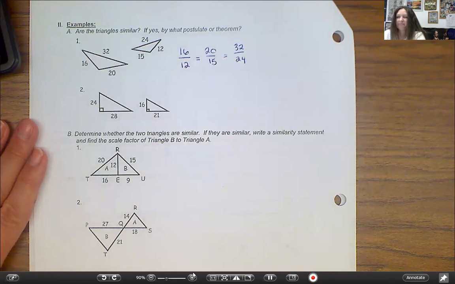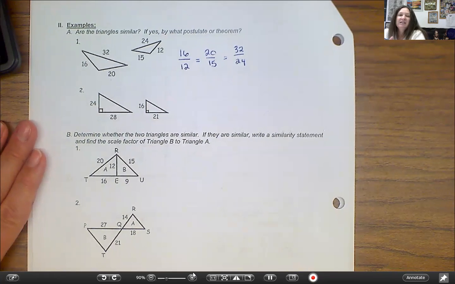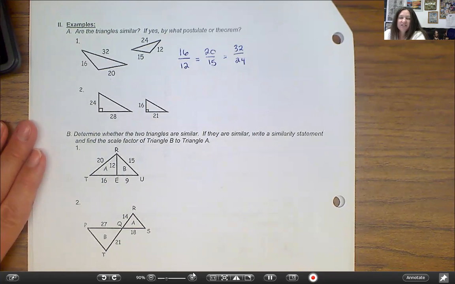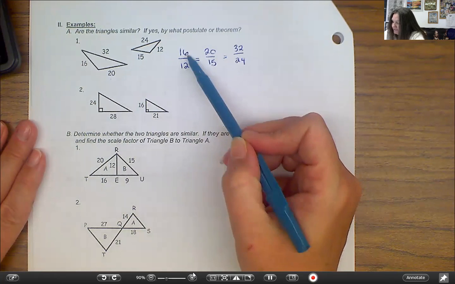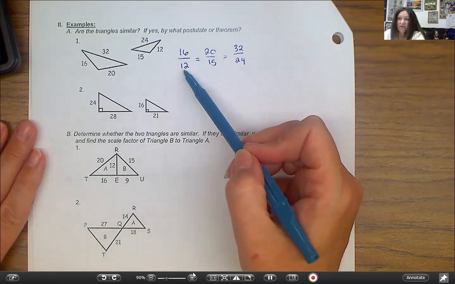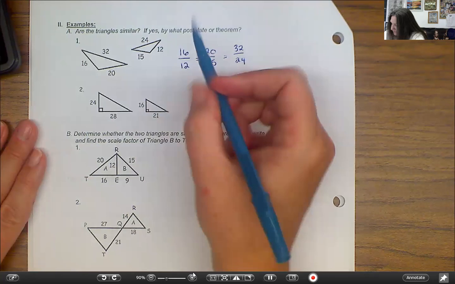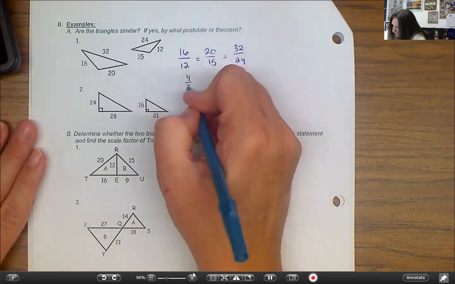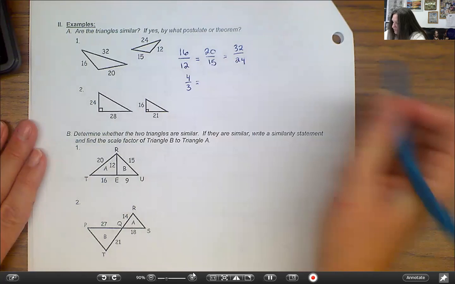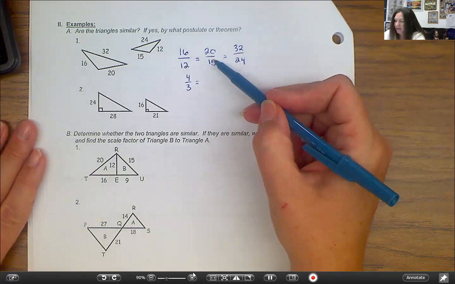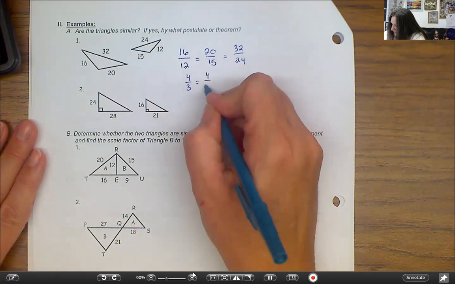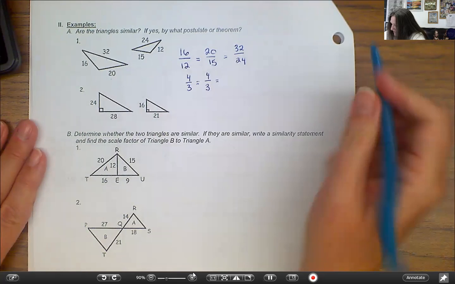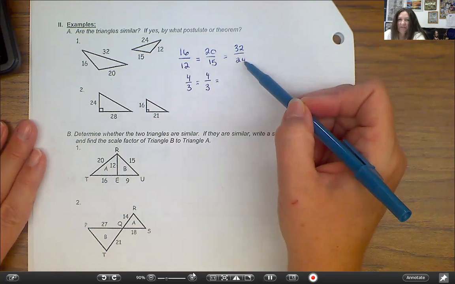Okay, what we want to do is reduce these fractions now to see if those scale factors are all the same. So if you have 16 and 12, we should see that those both divide by 4. So I can reduce these to 4/3. 20 and 15 would both divide by 5. So 20 divided by 5 is 4, 15 divided by 5 is 3. And then here, 32 and 24 both divide by 8.